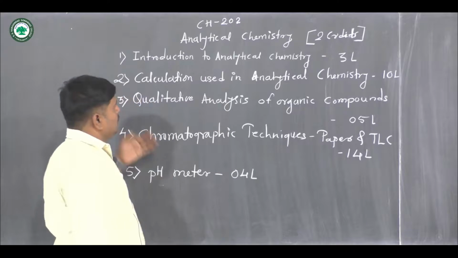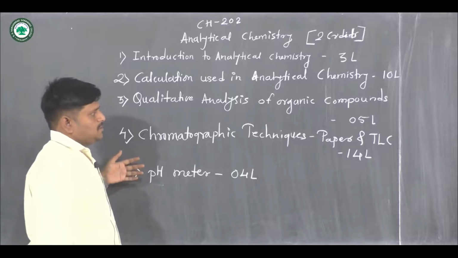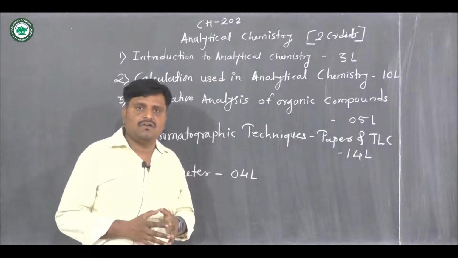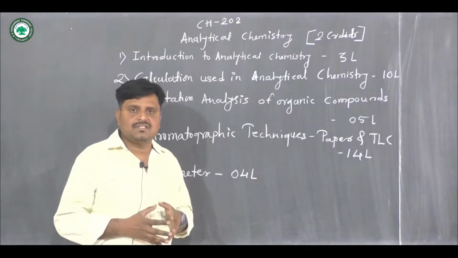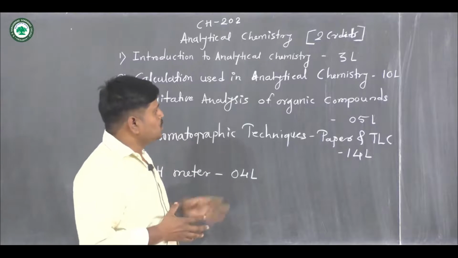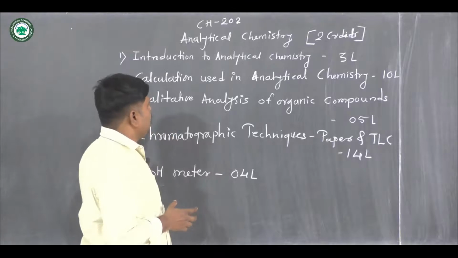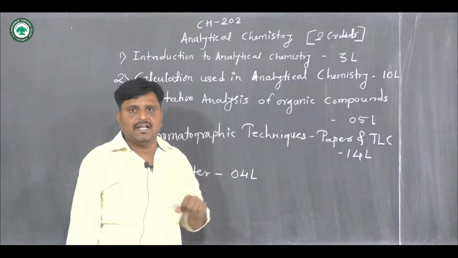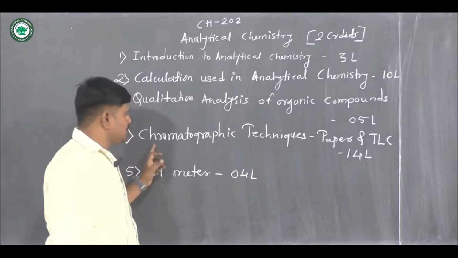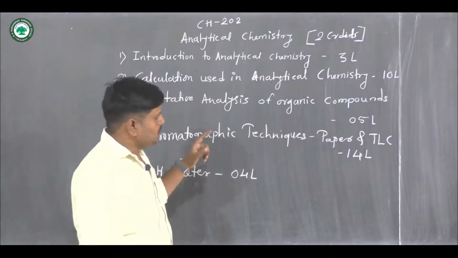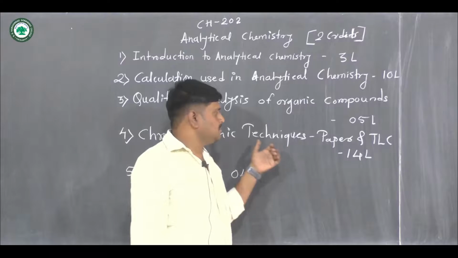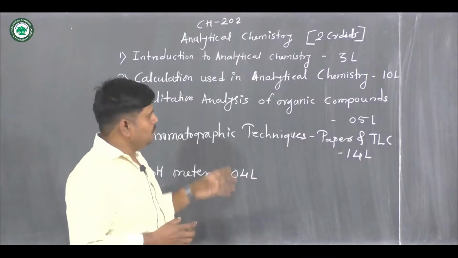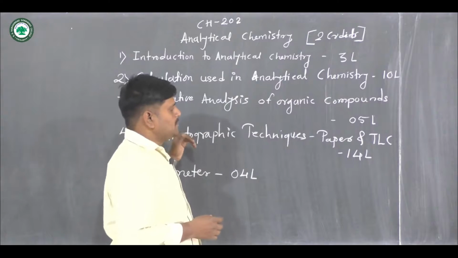So overall these are the 5 chapters. Of these, 2 chapters are very important, with near about 60% weightage. They are Calculations Used in Analytical Chemistry, which has 10 lectures, and Chromatographic Techniques, which is the largest chapter with 14 lectures and the major part of this syllabus.